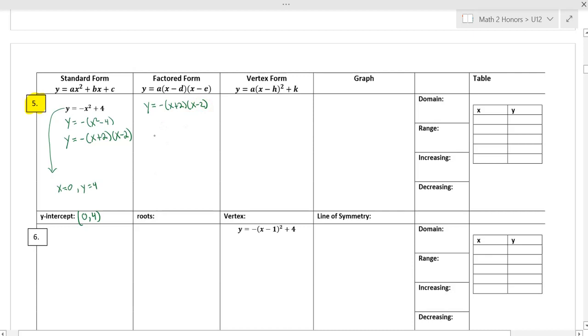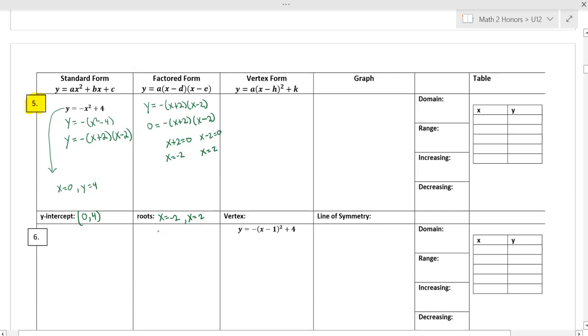And find the roots by setting y equal to 0 and solving. And I take my factors that have x and set them equal to 0. And I get x is -2 and x is +2.